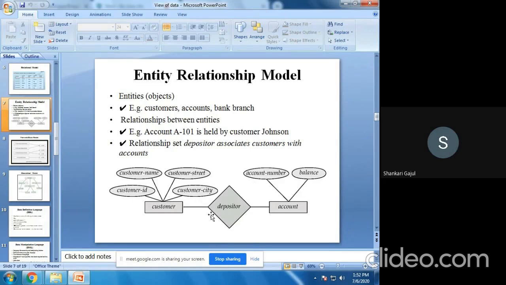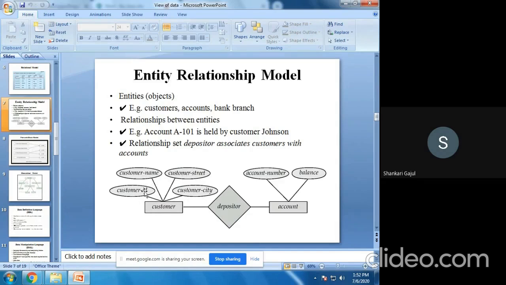In this diagram, two entities are there. This is the customer entity, my customer object. This customer object has different column names, or record names. The customer has customer ID, name of the customer, where he is living, and the address of the customer.